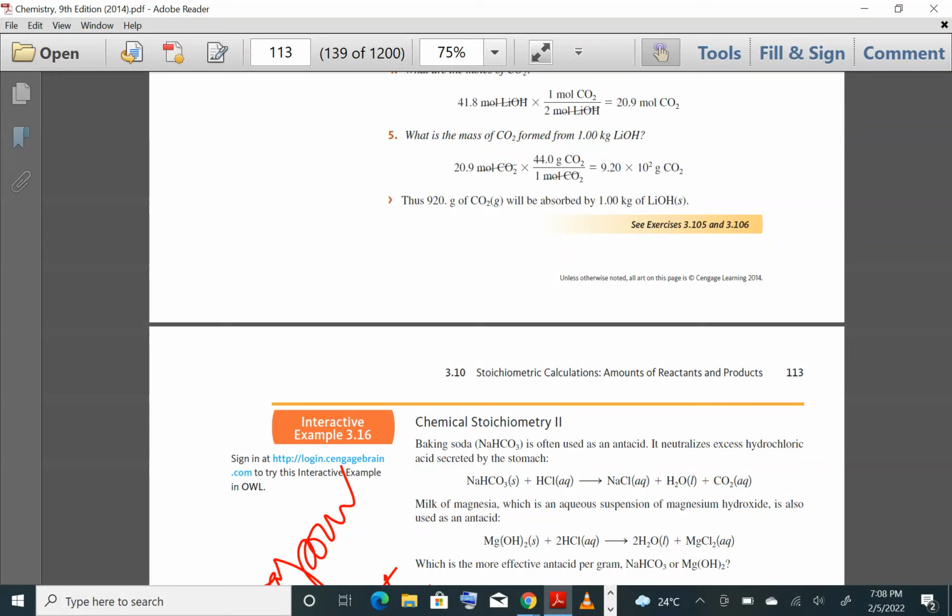After we do that, we're going to relate with the hydrochloric acid, and then from there we can figure out that 1 gram of this antacid reacts with this many moles of hydrochloric acid. Then the one which will neutralize more hydrochloric acid is the one that's more effective. Does that make sense? Okay, so that's what we are going to do.